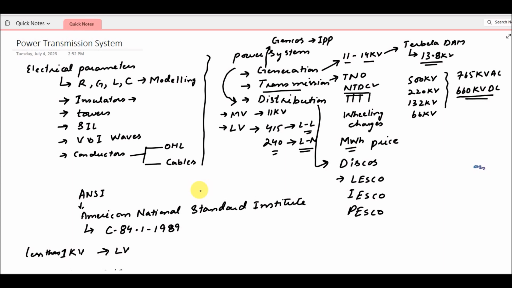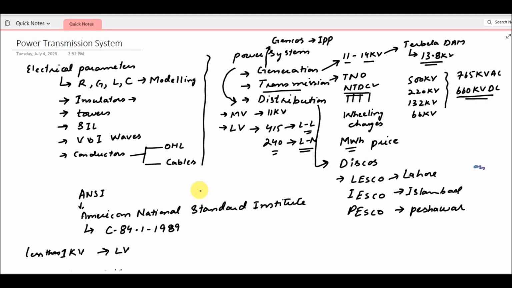These are distribution companies providing power to a specific region of the country. LESCO is for Lahore, ISCO is for Islamabad, and PESCO is for Peshawar. There are some other companies as well for different cities of the country.